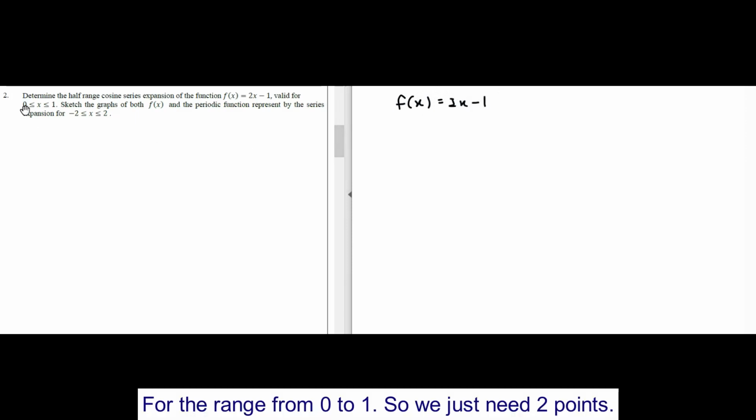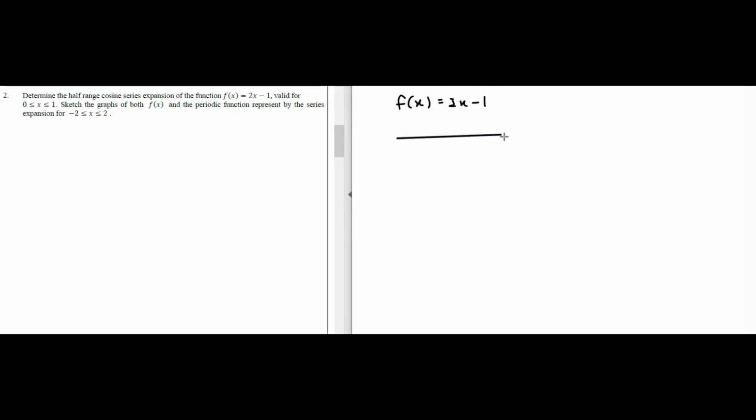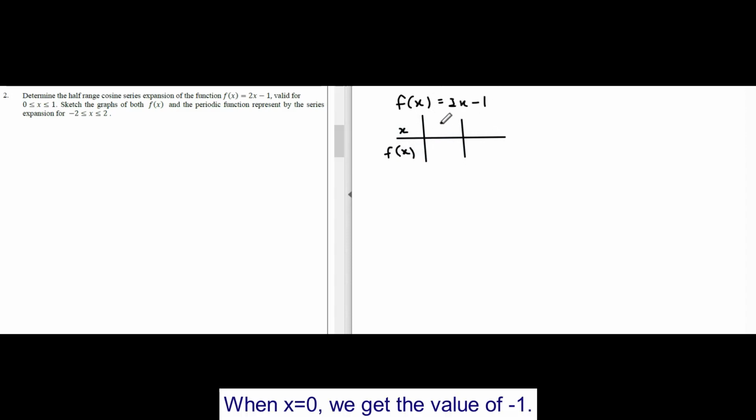For the range from 0 to 1, we just need 2 points. When x is 0, we get the value of -1. When x is 1, we get the value of 1. Now we can sketch the pattern.